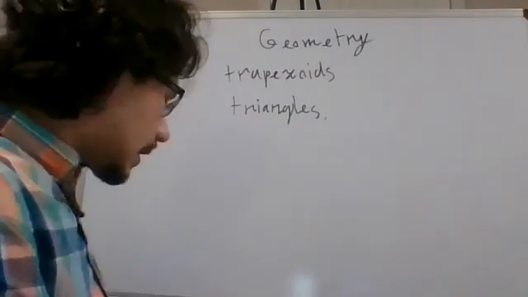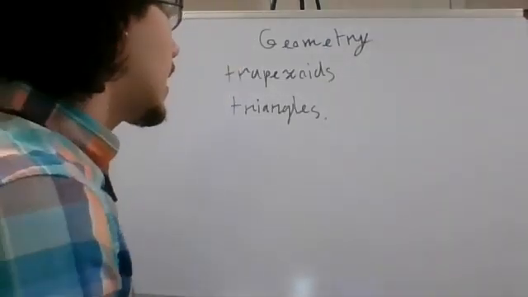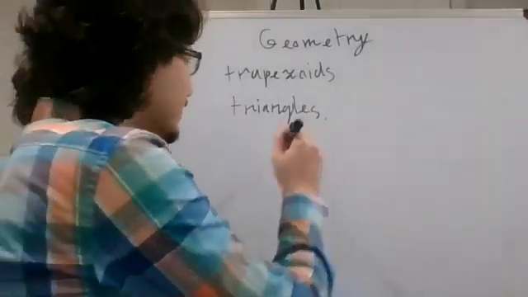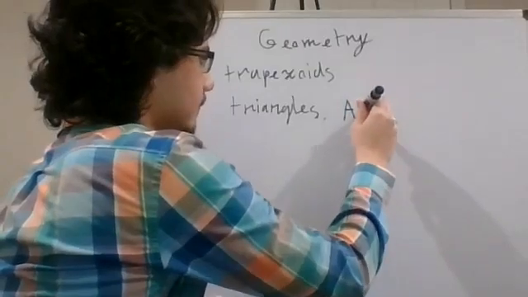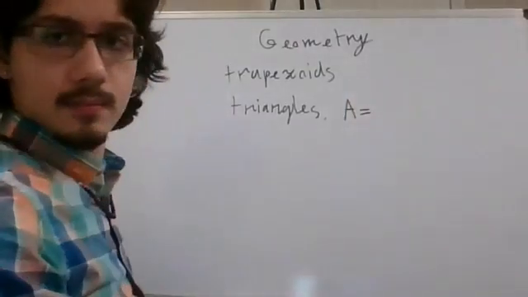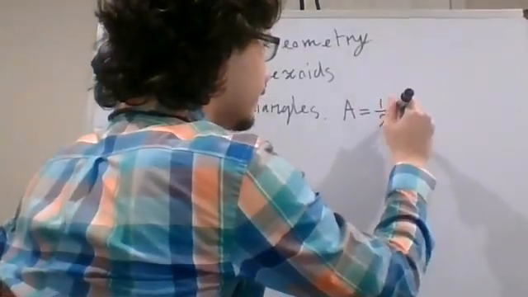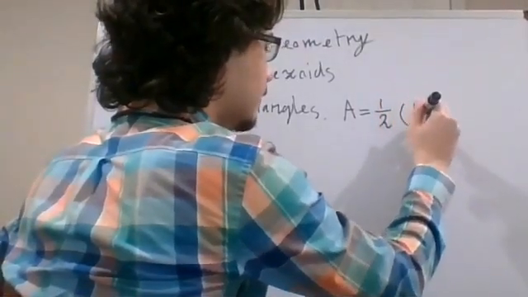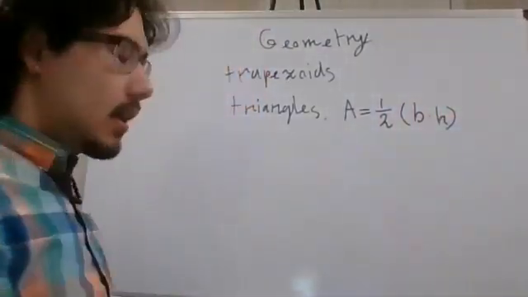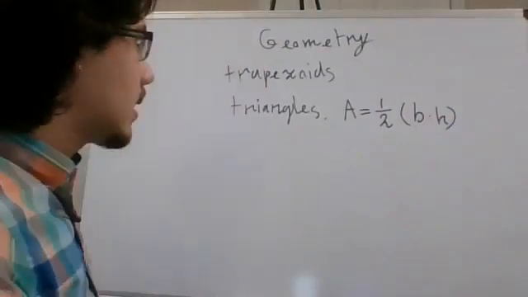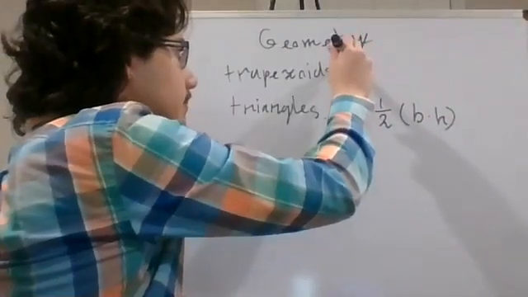Very well. May anyone tell me what the area of a triangle is? Half base times height. Thank you, Mr. Nathan. And does anybody remember the area of a trapezoid or have it in their notes?